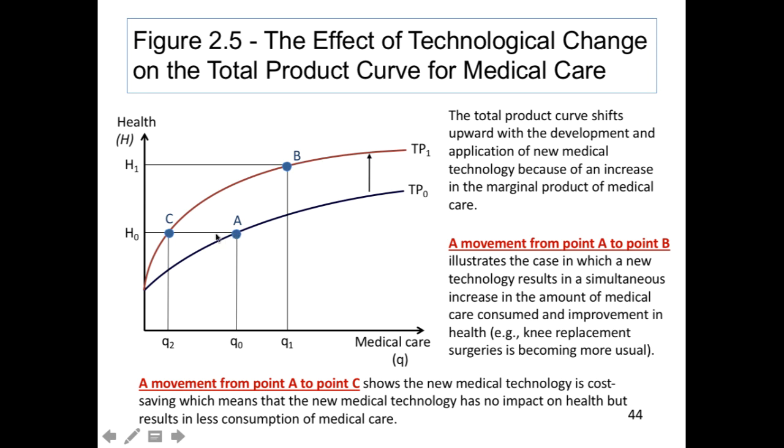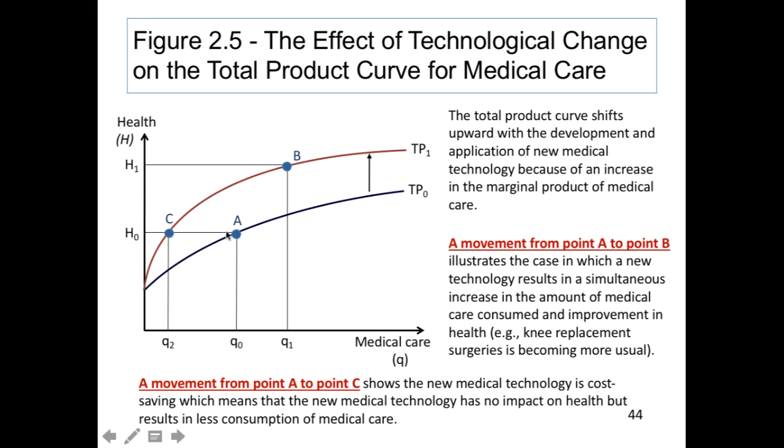A good example would be cancer treatment: you need probably fewer treatment cycles and resources to get the same amount of health. So this is moving from Q0 to Q2, which shows us a cost saving for that specific type of treatment. Treatment C is much more cost saving than treatment A.